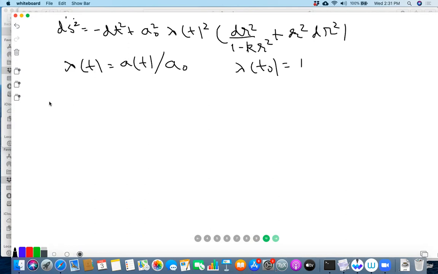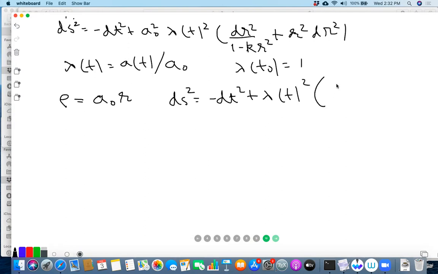Now let's define a coordinate rho, which is a naught times r. In terms of this coordinate, I can write ds squared as minus dt squared plus lambda(t) squared, then d rho squared over 1 minus k rho squared over a naught squared, plus rho squared d omega squared.